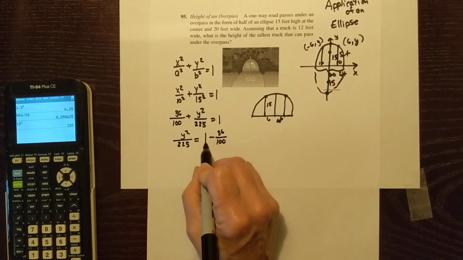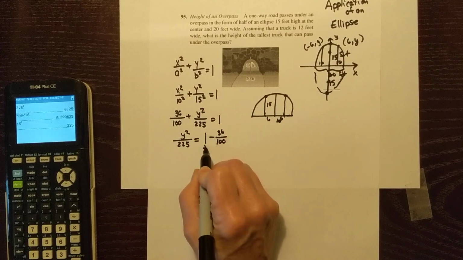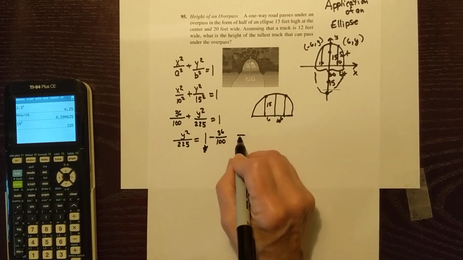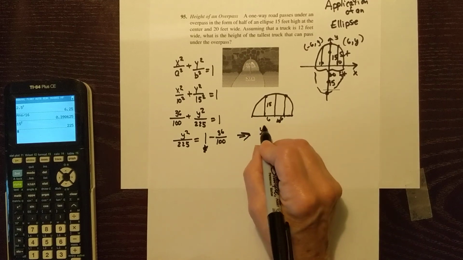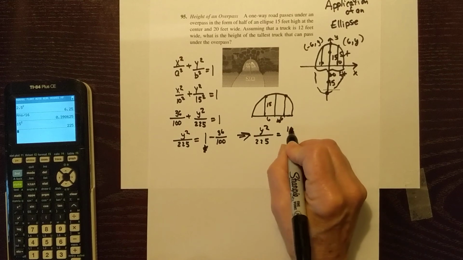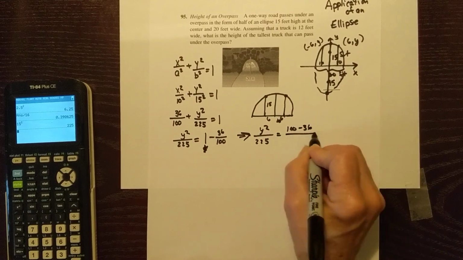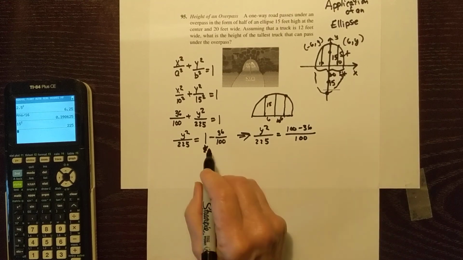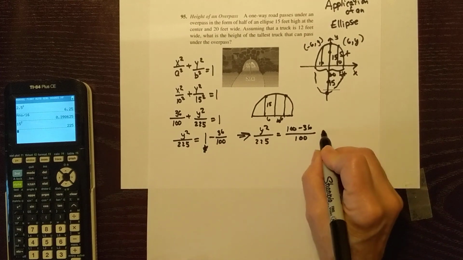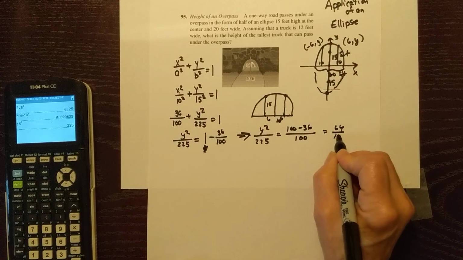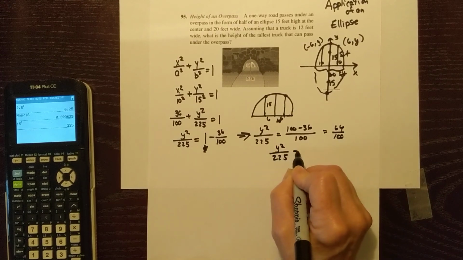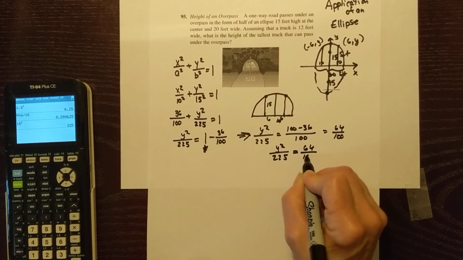I'm going to think of my 1 as a fraction, 1 over 1, and get a common denominator of 100, so y squared over 225 is equal to 100 minus 36 over 100. 100 minus 36 is 64 over 100. So I have y squared over 225 is equal to 64 over 100.